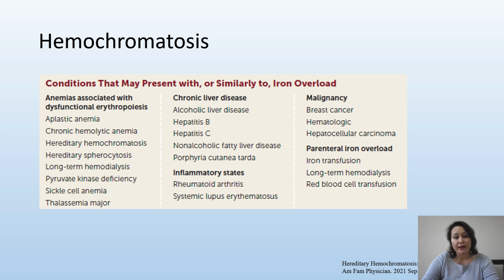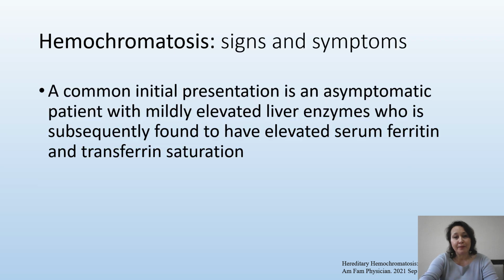Another group is chronic liver disease like alcoholic liver disease, viral hepatitis B and C, non-alcoholic fatty liver disease, porphyria. Inflammatory diseases like rheumatoid arthritis, SLE, malignancies, parenteral iron overload, iron transfusion, hemodialysis, red blood cell transfusion. These are all situations and diseases which can lead to iron overload and are not connected with hereditary hemochromatosis.